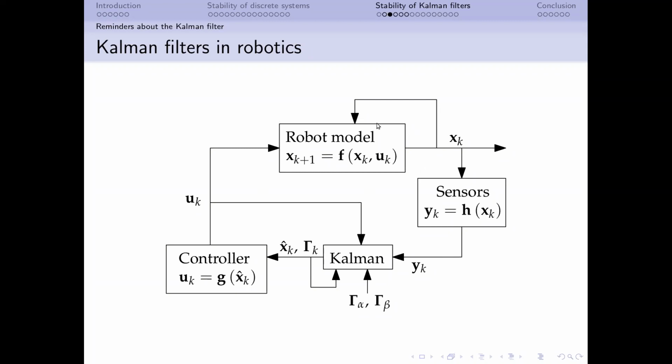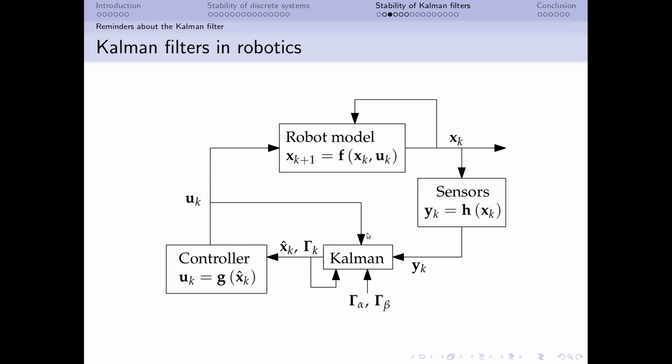So let's say we have a robot model here, modeled by a discrete time system like that, with input U and state X. Then we have sensors on the robot that give us the sensor vector Y, and that are based on the state of the system X. And we also have a controller here that, thanks to the state estimation made by the Kalman filter, will output the control vector U.